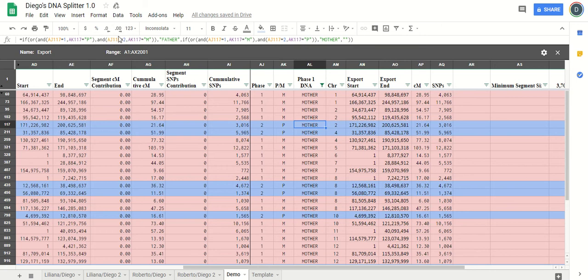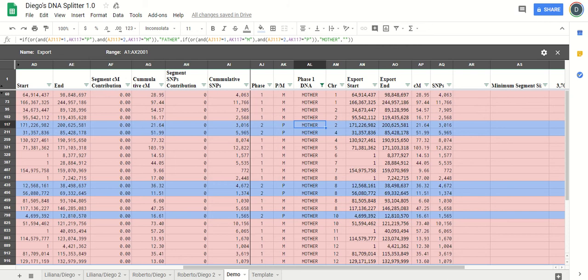So these two are equivalent just looking at the phase. Phase 1 has to be P, or phase 2 has to be M. The whole thing is equivalent to father. Otherwise, if it's phase 1, it has to be an M, or if it's phase 2, it has to be a P, and the whole thing translates to mother.